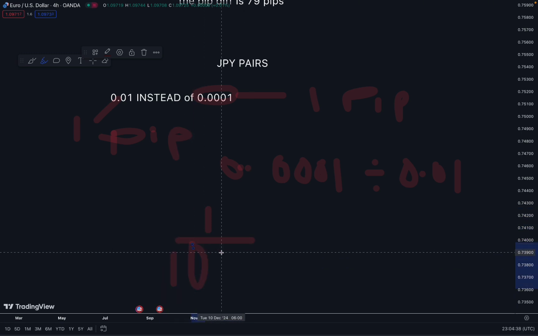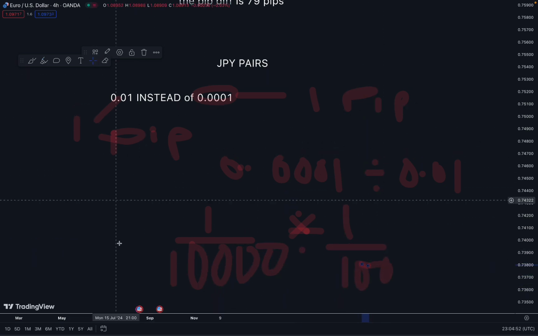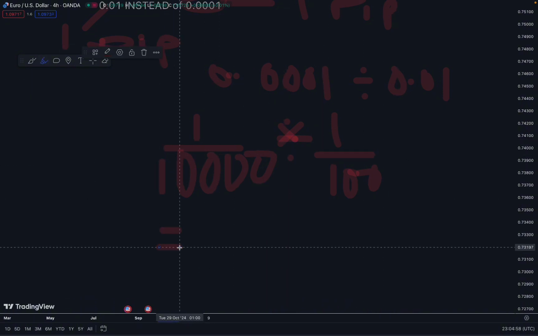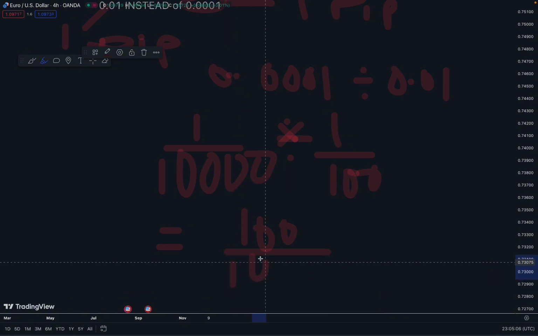That's going to be 1/10,000 times 1 divided by 1/100. This is the same as 100/10,000.